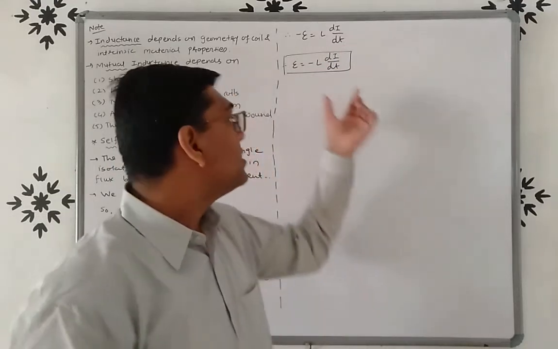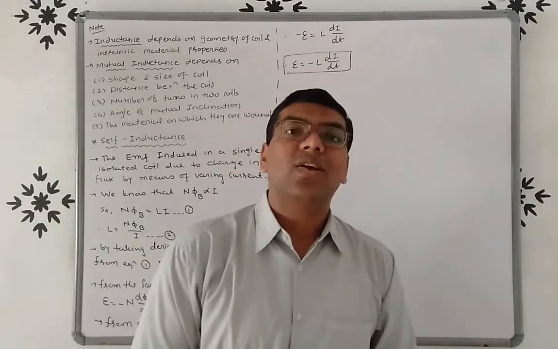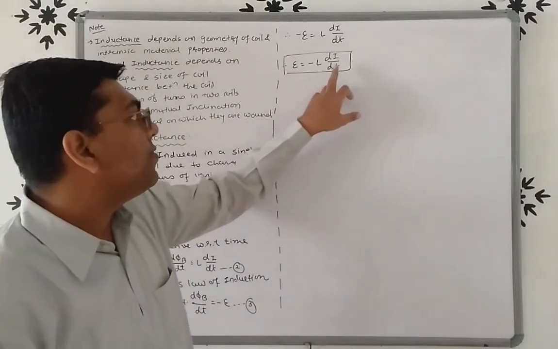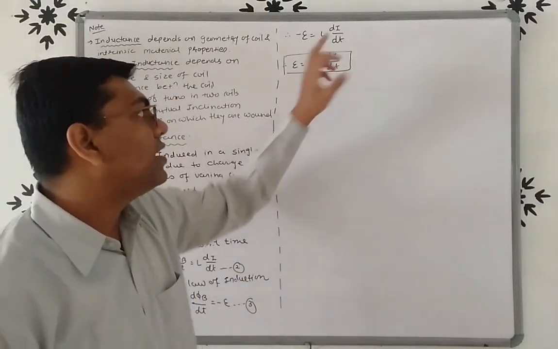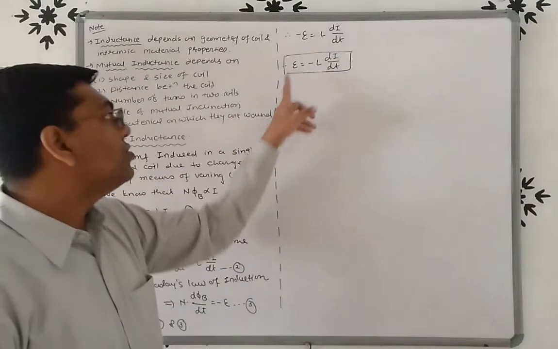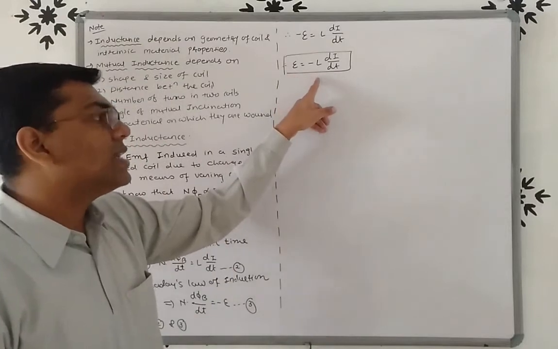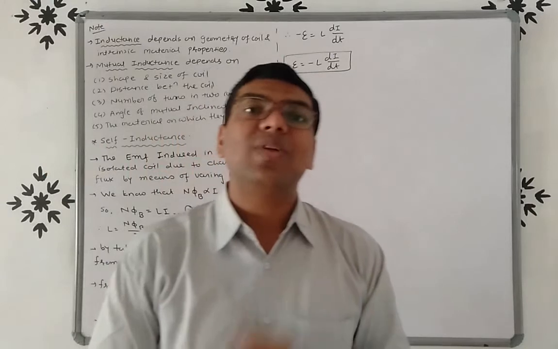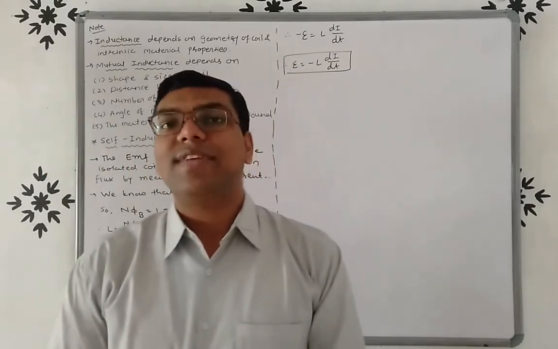The second definition of self-inductance comes from this formula. If the time rate of change of current di by dt is equal to 1, then the induced EMF is known as self-inductance, right? So once again, there are two definitions of self-inductance.